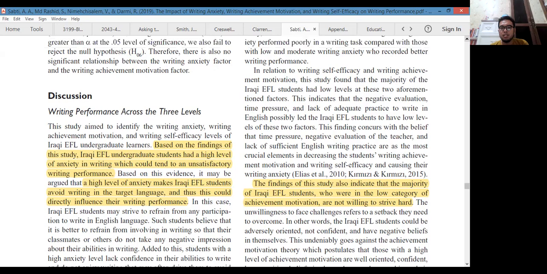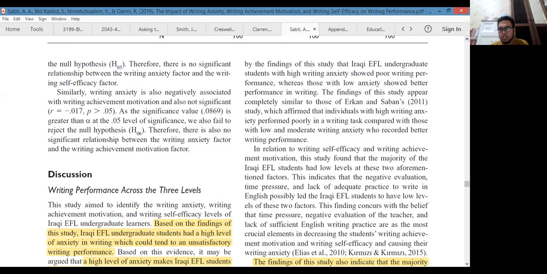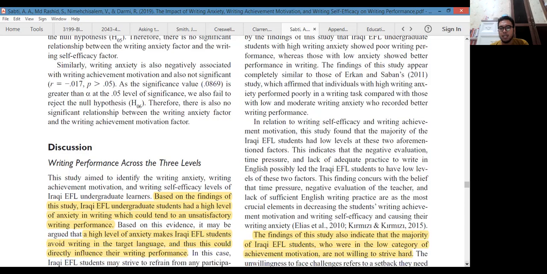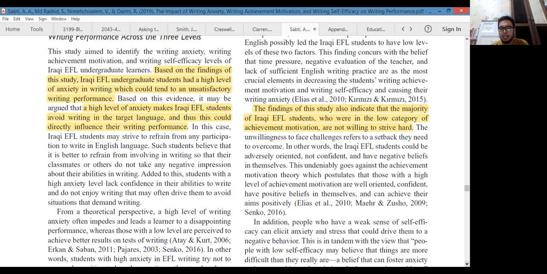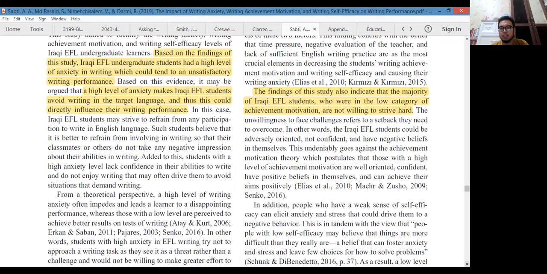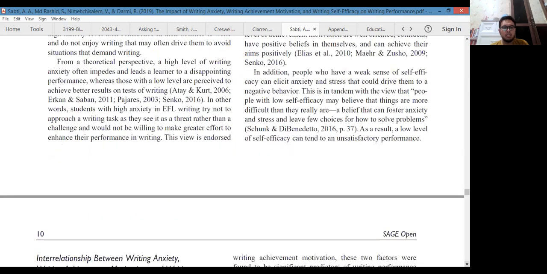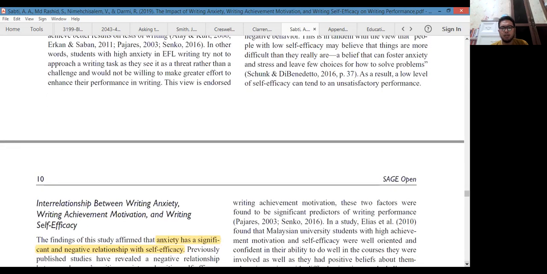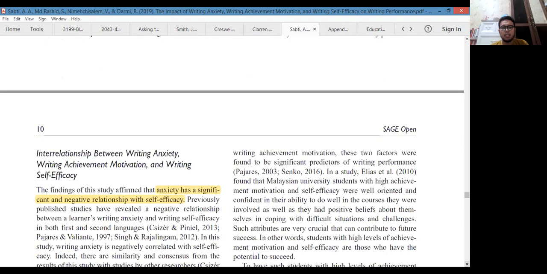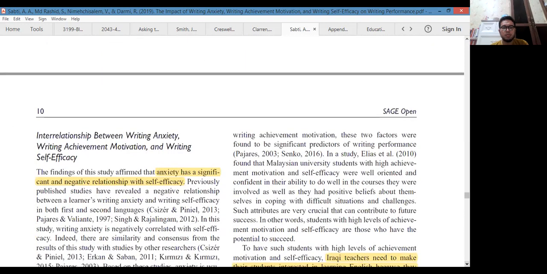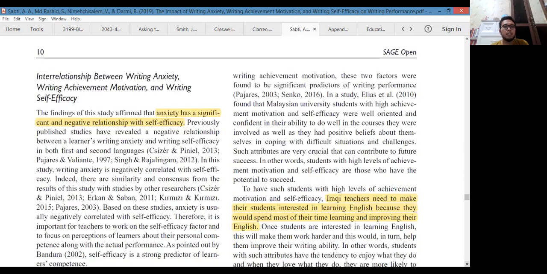So the statistical result can be concluded as most Iraqi students have low willingness to study hard. And then the second discussion is about the interrelationship between writing anxiety, writing achievement motivation, and writing self-efficacy.